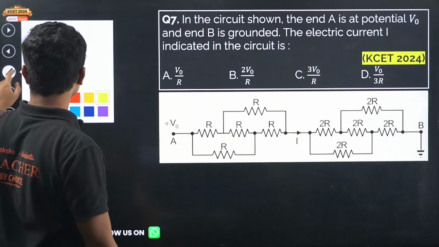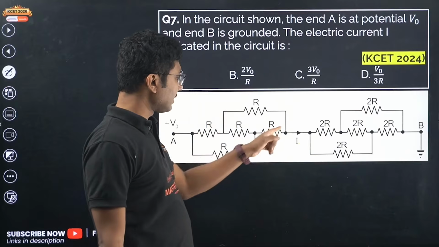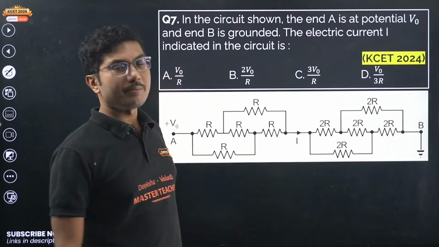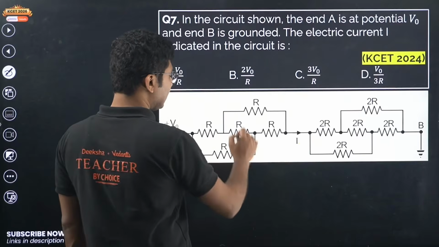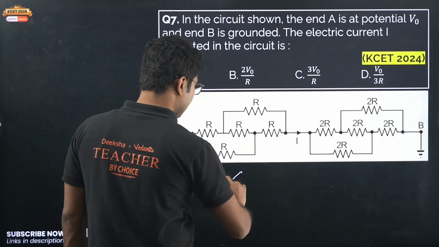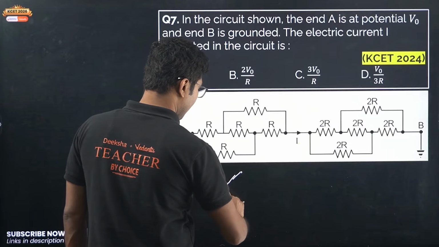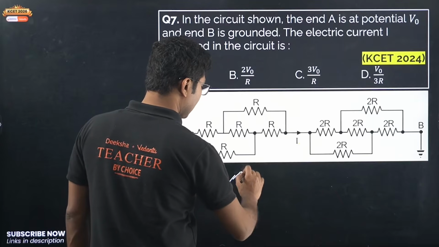Now you have to remember that this special pattern shown over here in the diagram represents a Wheatstone bridge. If you just take these two points, you can draw this diagram like this. With some clever drawing, you can easily draw it like this.